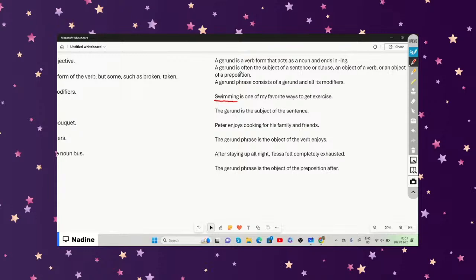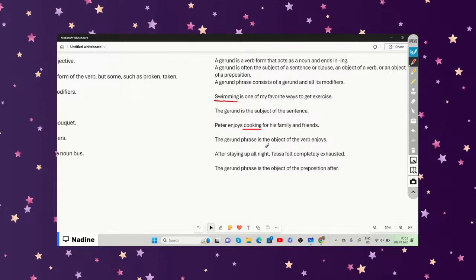Peter enjoys cooking for his family and friends. They don't say that it is always a subject, they say it's often a subject of a sentence. But in this case, we have cooking as our gerund.